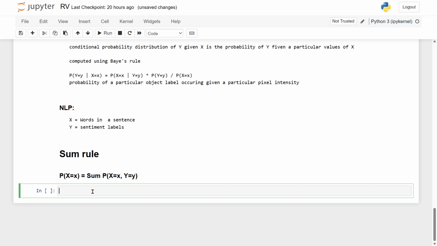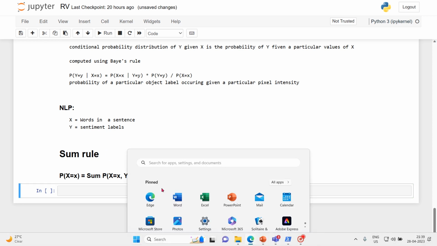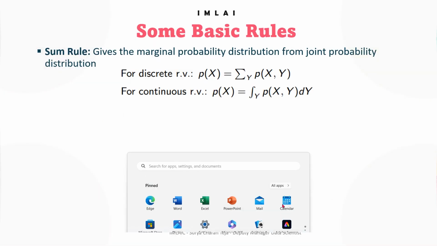However, in this equation, Y is another random variable. In other words, the probability of capital X equals small x is the sum of the joint probabilities of capital X equals x and capital Y equals y over all possible values of y. Again, I'm repeating this here.